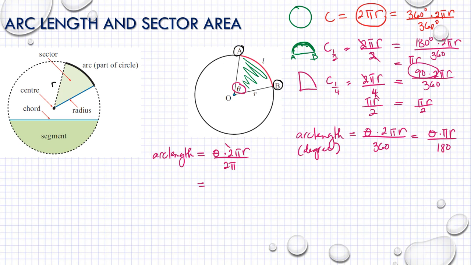Then this will become 1, and we have theta multiplied by the radius. So arc length in radian measure is equal to theta multiplied by the radius, whereas in degrees, we have theta multiplied by pi r divided by 180. So it depends on what is given in the problem.